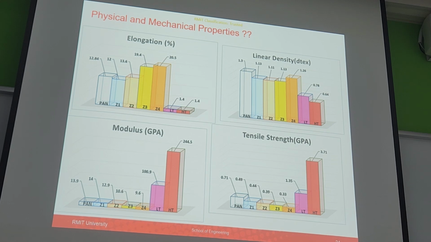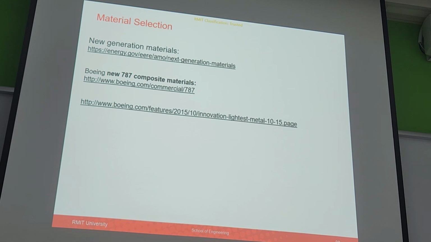So where do we use it? In airplanes. What happened? The weight reduced, is that correct? And they use it for the new generation, the 787 they call it.